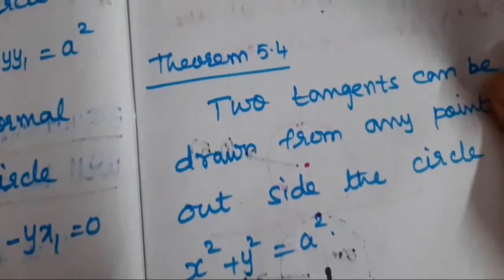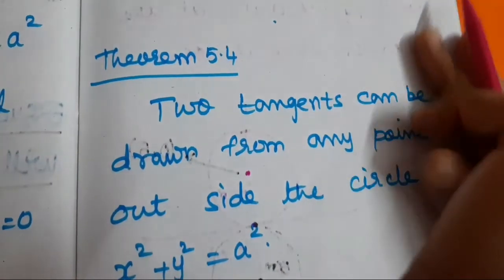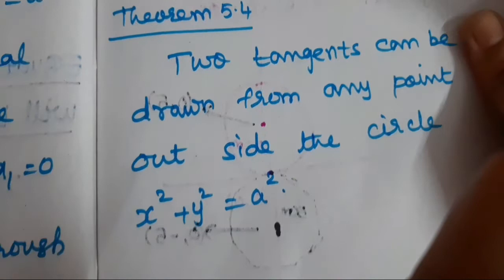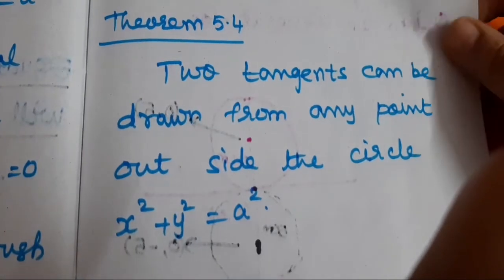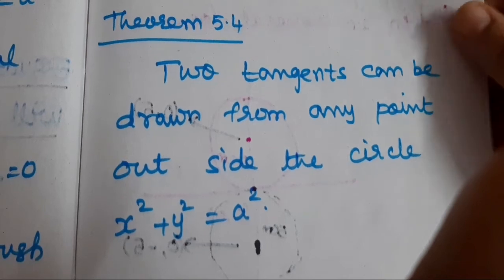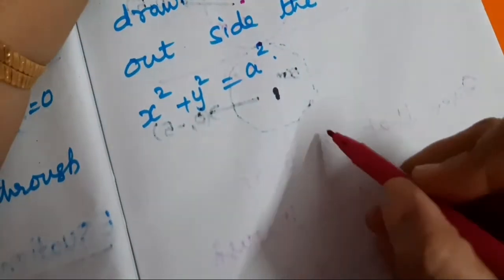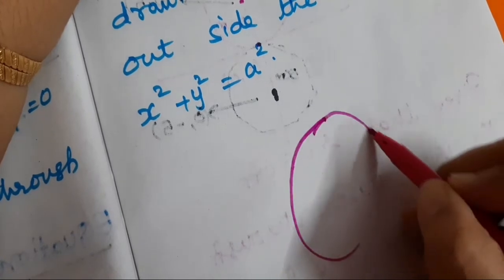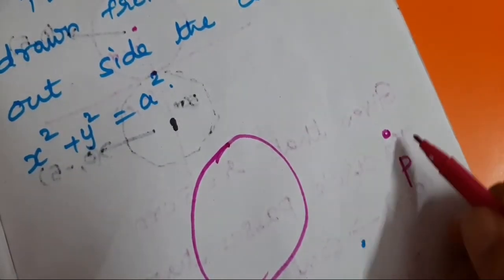Then theorem 5.4 says two tangents can be drawn from any point outside the circle x² + y² = a². In your 10th standard, you have studied this. This is a circle given, so we have a point P outside the circle.